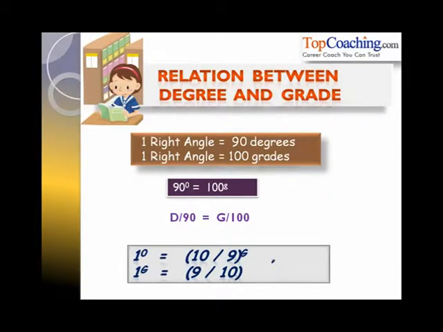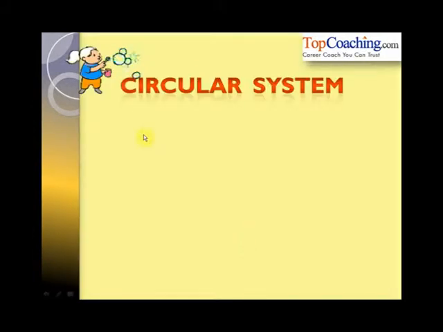Thus 1 degree is equal to 10 by 9 grades, and 1 grade is equal to 9 by 10 degrees. So this is the relation between the degree and grade. This relation helps us to calculate the measure of an angle in grade if it is given in degree, or vice versa. Now let's look at the third system of measurement, which is known as the circular system.